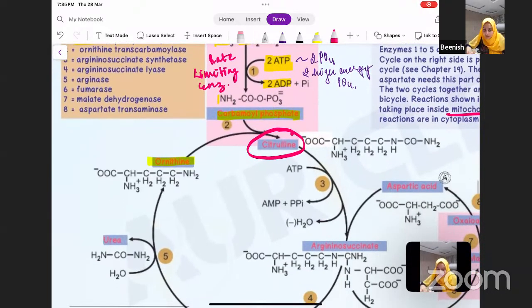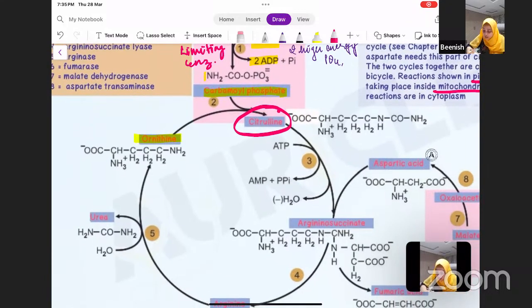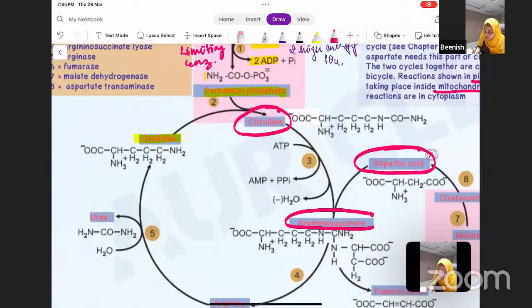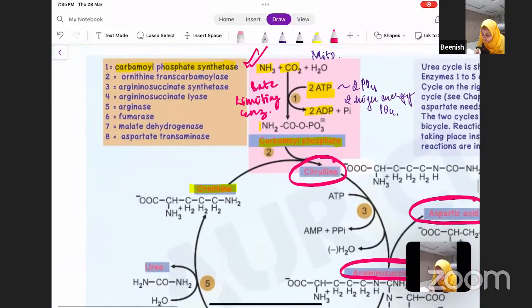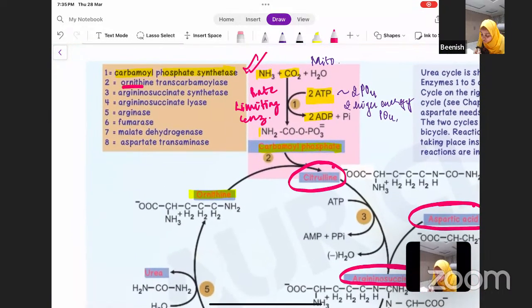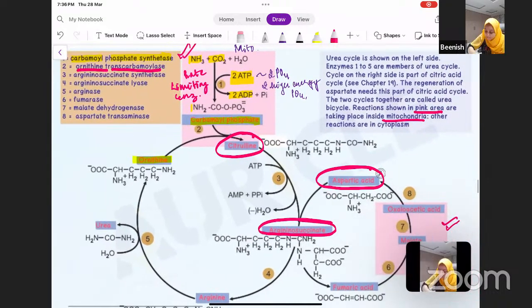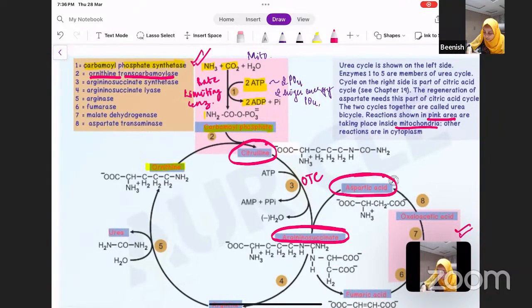Now this citrulline comes out into the cytoplasm and it combines with aspartic acid to form arginosuccinate.